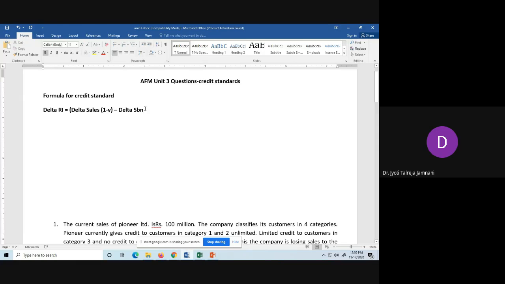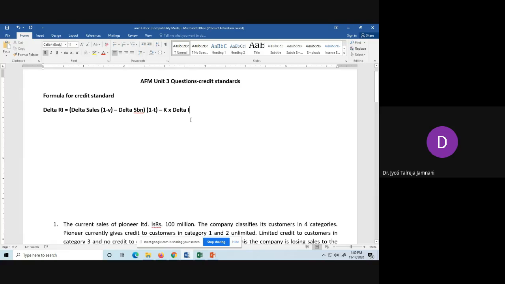S is the sales and BN is the bad debts. So you close the entire bracket. From this you will do 1 minus tax rate. And after getting the 1 minus tax rate answer, you will do K into delta I. So you're multiplying K with delta I.